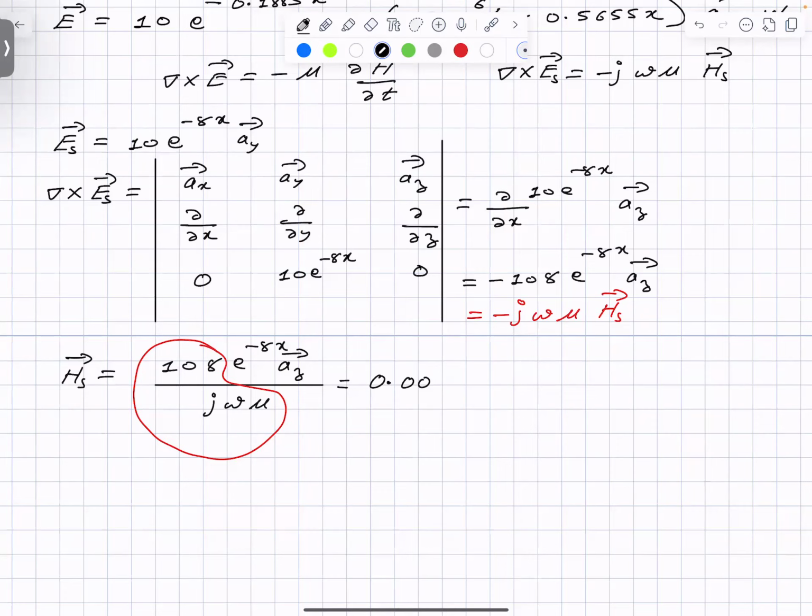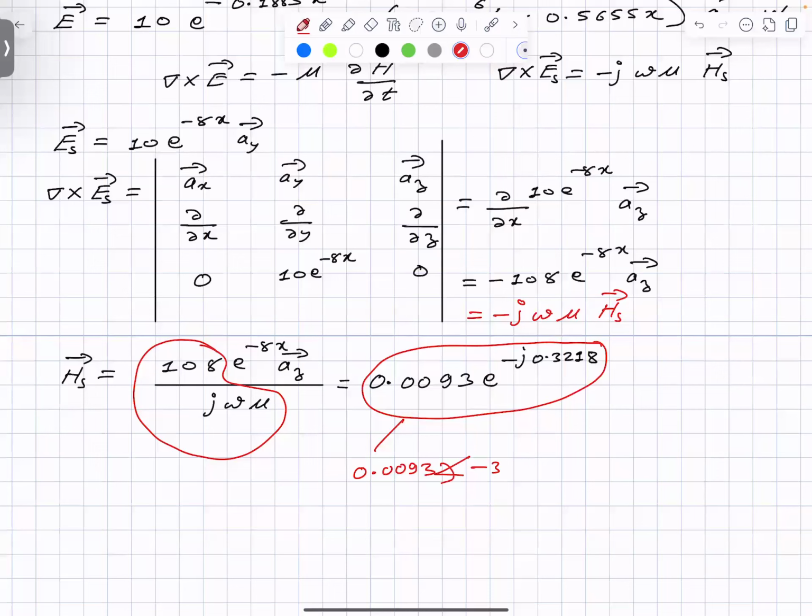For the amplitude of HS, we will do polar form: 9.3, and the phase will be minus 0.3218. That's just a complex number. So everybody understands that this is the same as the rectangular form, right? So that's just another way of writing. Okay, so that's the complex number we're getting.